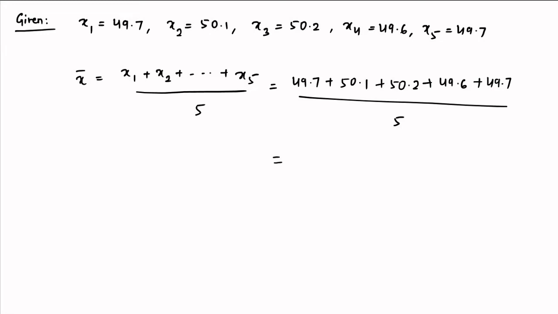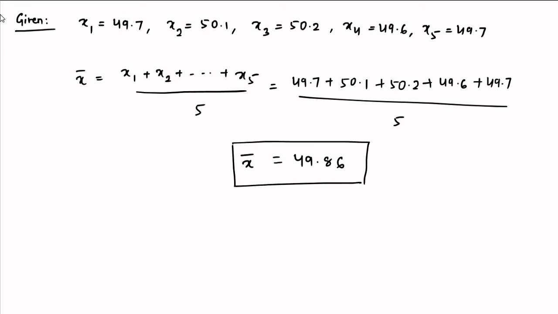So it is coming around 49.86. This is the mean value, and this is the closest value that we can get to the true value of the measured parameter. This is the mean. Here we have kept the number of readings 5 so that we can simplify the calculation process. Generally the number of readings is very large, 10, 15, 20, 30, 40, 50, like that.